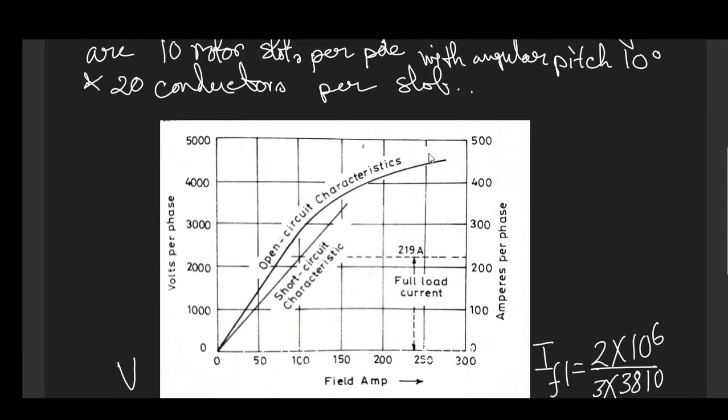This much is 4500. If we draw it, you can take any value between 215 and 225. So take that value.